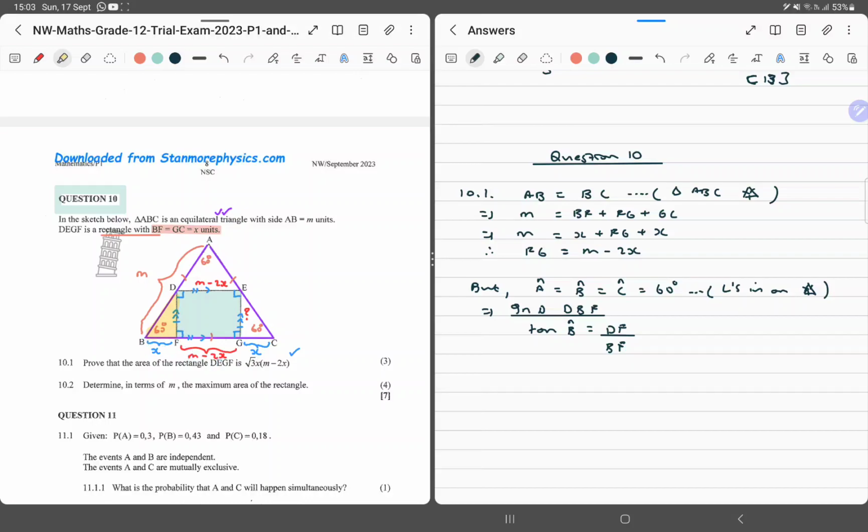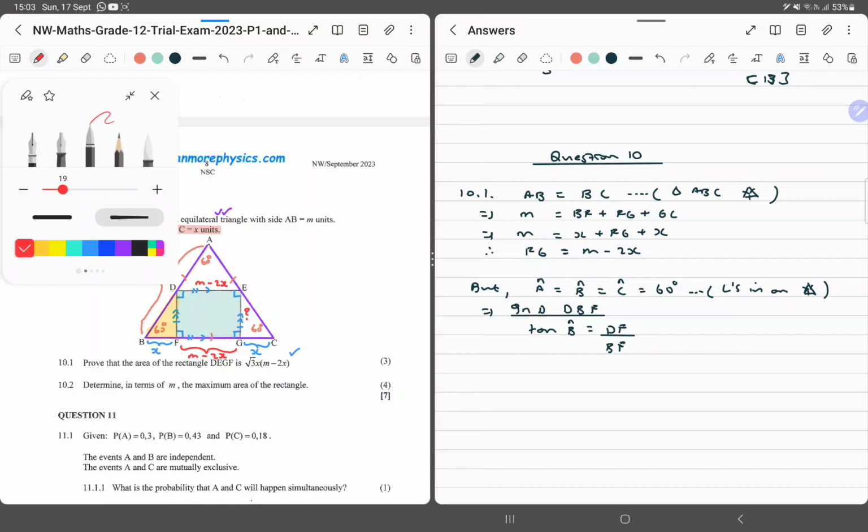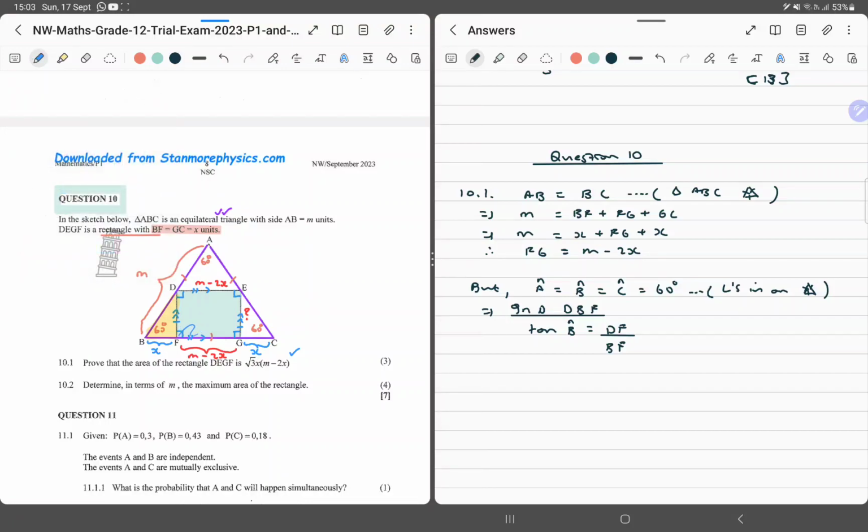Because they told us that this is a rectangle, those corner angles are 90 degrees, so angles on a straight line will make 90 degrees. So sometimes it gets complicated. This implies that tan of 60 degrees is equal to DF, which is our interest, over X. Then we just cross multiply that. We can say now that DF is equal to X times tan of 60 degrees.